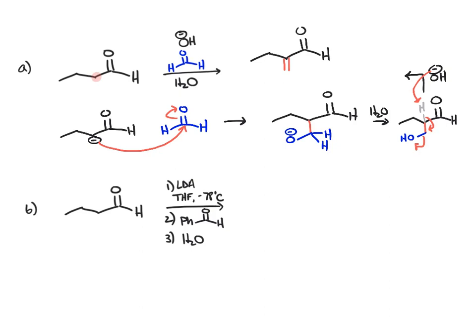In problem B, we're using a different base. We're using LDA, which instead of being more of an equilibrium reaction like the one above, this forms 100% enolate. So once you add LDA to this, all of your aldehyde is converted to enolate.